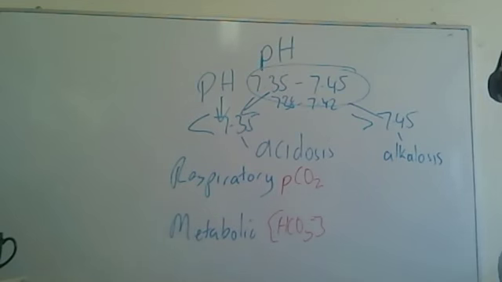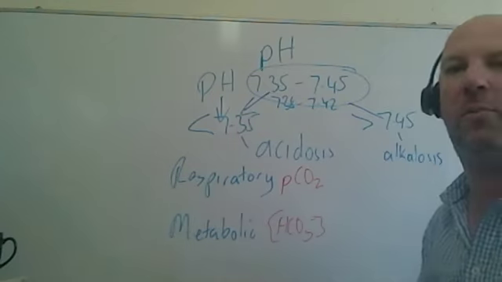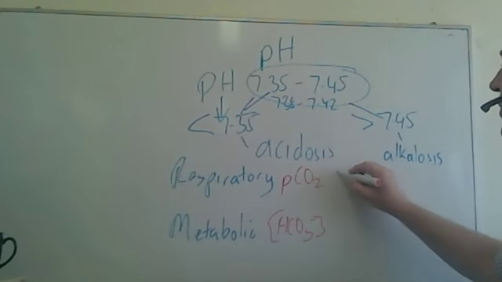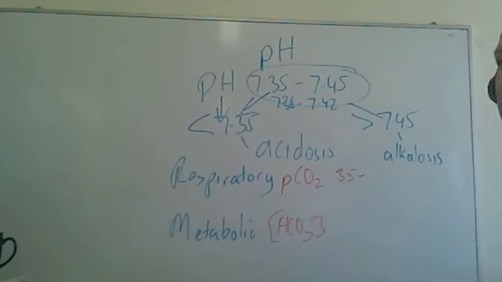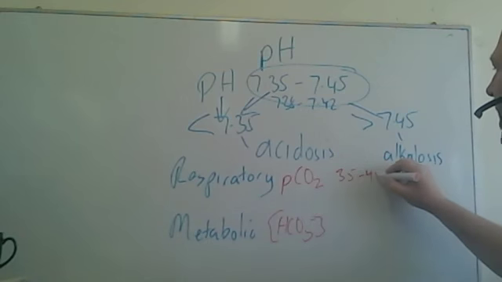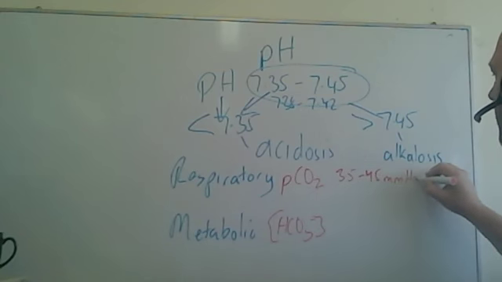You look at the respiratory and you see, is PCO2 within normal parameters? Usually the normal parameters for PCO2 are between 35 and 45 millimeters of mercury.